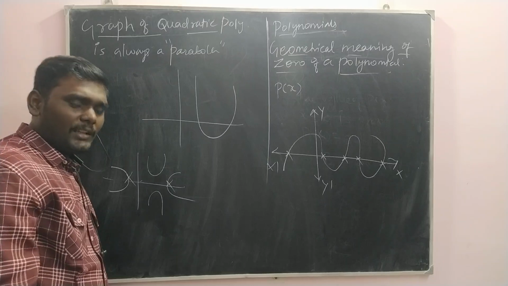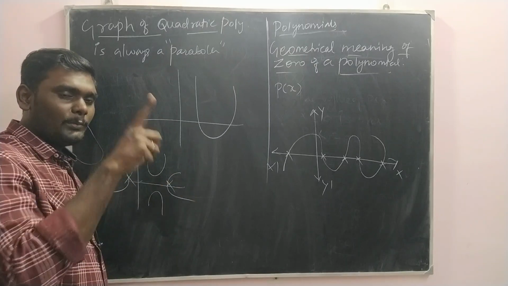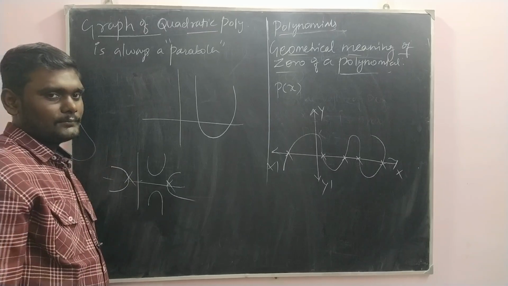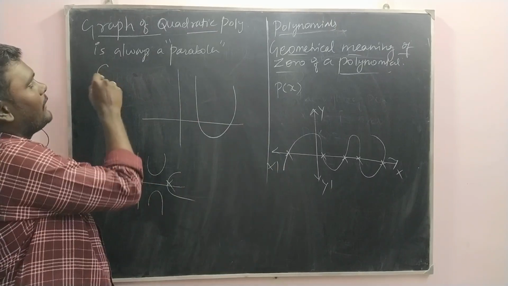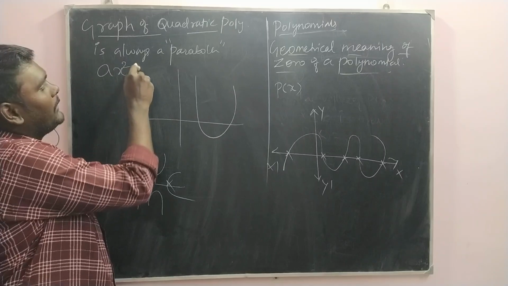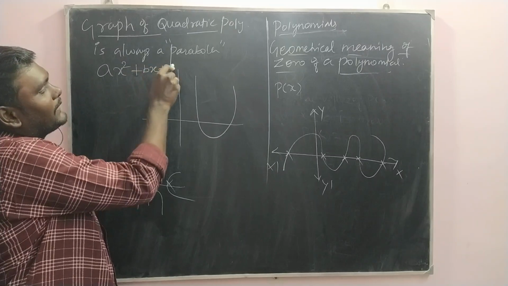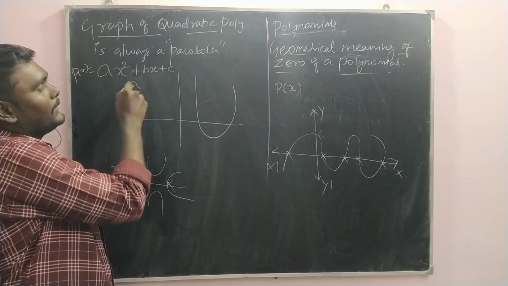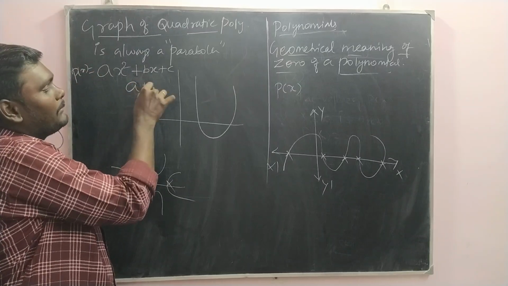How will you know whether a given quadratic polynomial opens upwards or downwards? There is a sign. What sign is it? The general form of a quadratic polynomial is ax square plus bx plus c. In that we have been given one condition: this a should not be equal to 0.